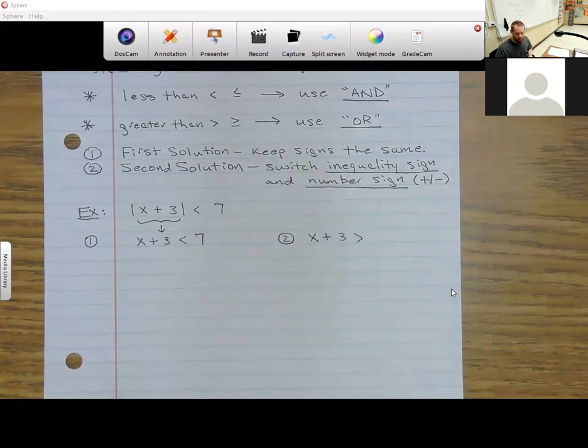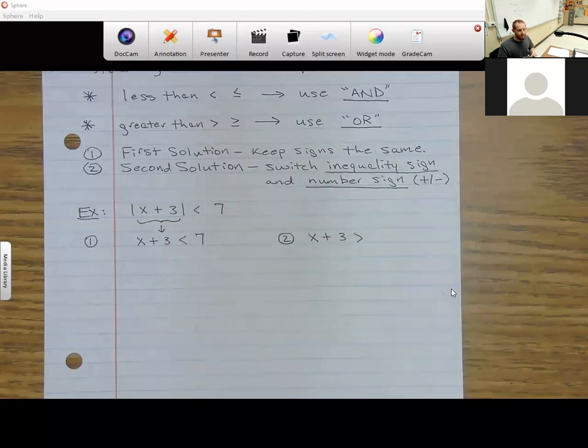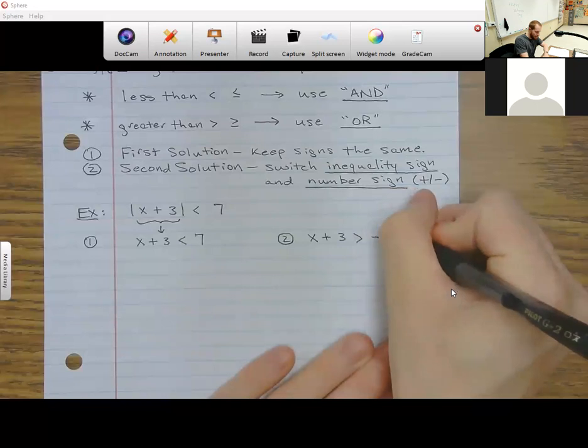So we've just switched what? The inequality sign. We just switched that. And then we switched the number sign. So remember how it was a positive 7 when we started off? Now it's going to be a negative 7, right? So I'm going to have a negative 7 right here.